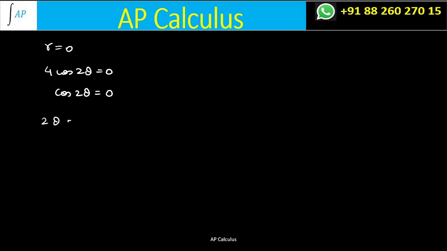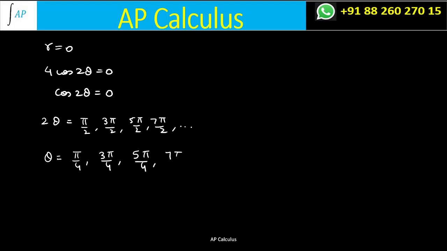Cosine is 0 at the odd multiples of pi by 2, which means at pi by 2, 3 pi by 2, 5 pi by 2, 7 pi by 2, and so on. So theta will be, if you divide all of them by 2, pi by 4, 3 pi by 4, 5 pi by 4, 7 pi by 4, and so on.